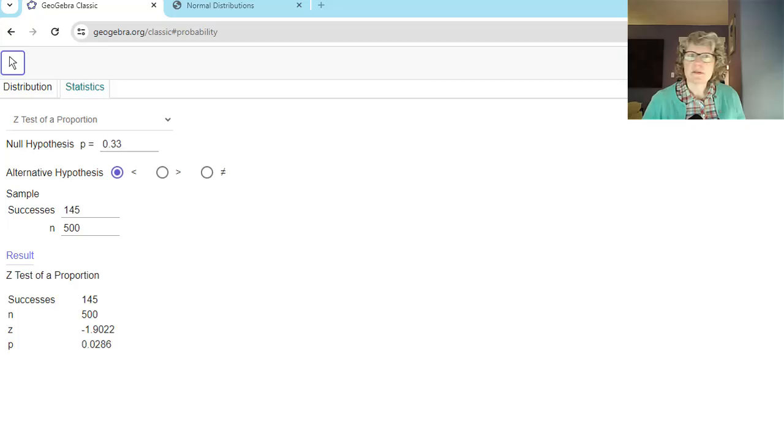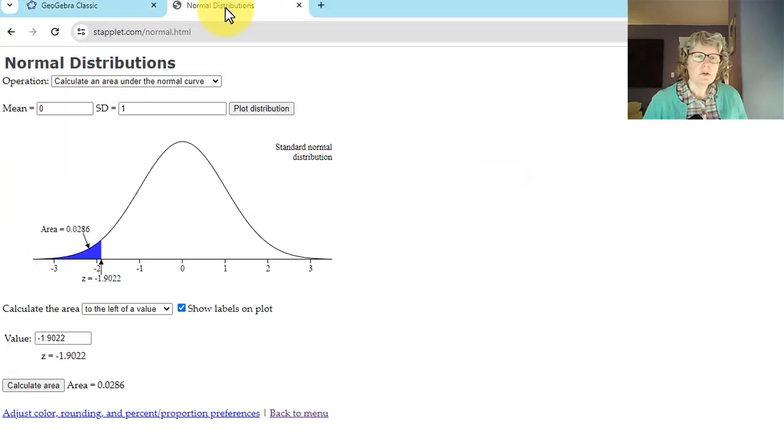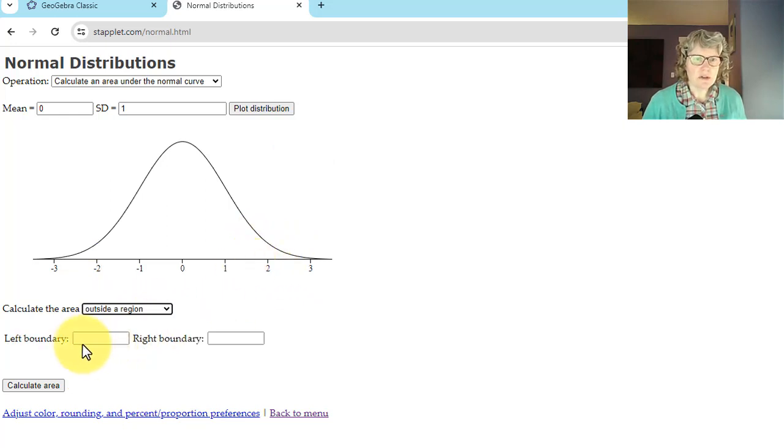Okay, so let me go back to Statlet. Normal distribution. I still have this one here. So essentially, instead of only being concerned about evidence that was on the lower side, we're also concerned with evidence on the higher side. We could do outside of a region, and then you'd have to put in both. What you would do is put in the positive and the negative.